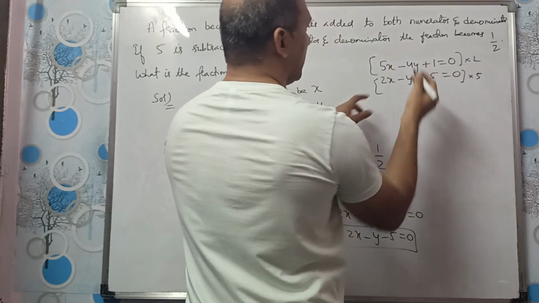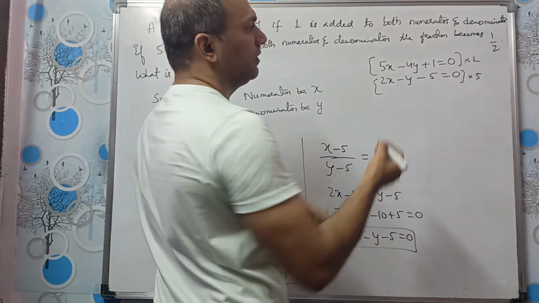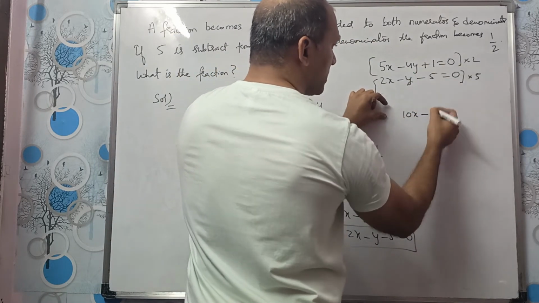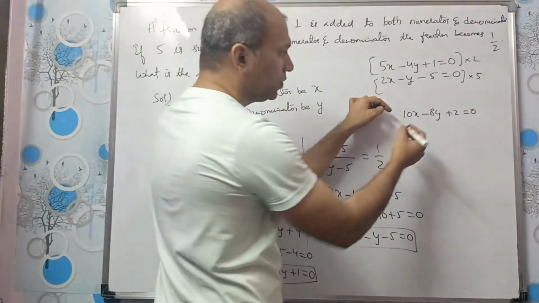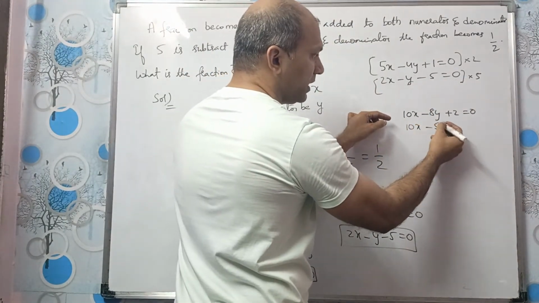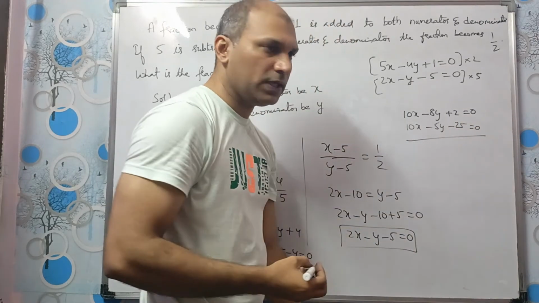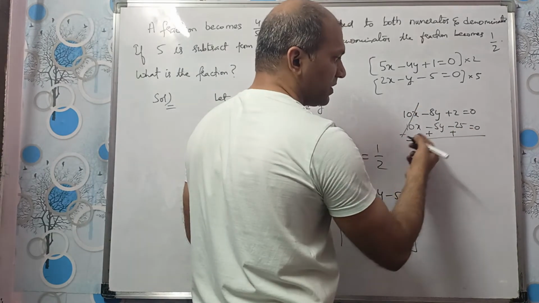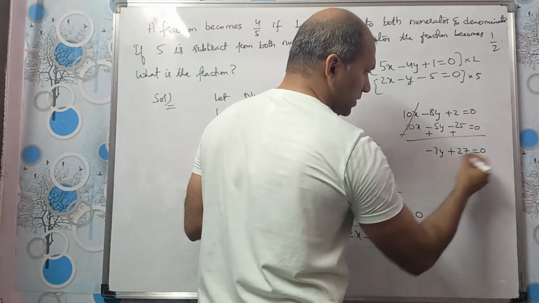We could have multiplied this second equation with 4 only. 4 and 4 will get cancelled, right? Anyways, now, so this is 10x minus 8y plus 2 equal to 0. 5 into 2 is 10, so this is 10x minus 5y minus 25 equal to 0. Okay, now minus plus plus. Signs will change, right, when we subtract. So this is minus 3y plus 27 equal to 0.